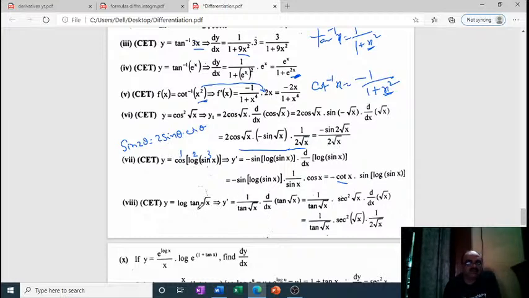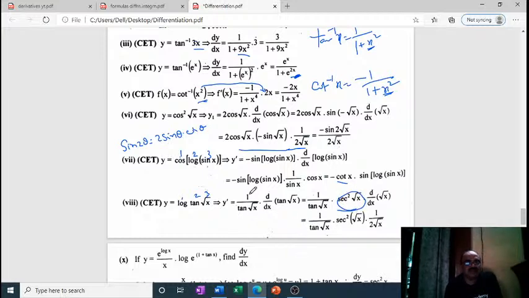One more. Log of tan root x. Again we have 3. First, log x is 1 by x. So it is 1 by tan root x. Now tan differentiation is secant square x.